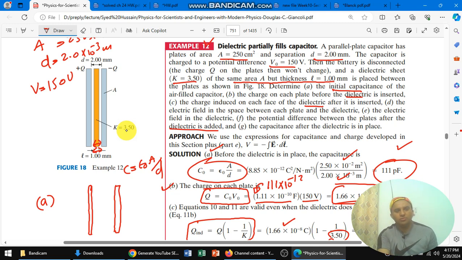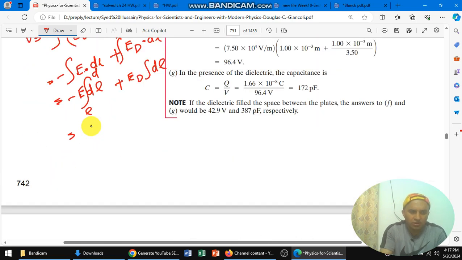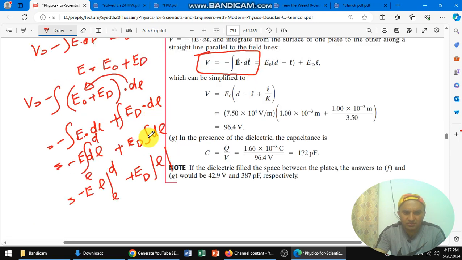So minus E naught with lower limit l and upper limit d, plus E_D. For E_D, because of the dielectric, the length is from 0 to l.